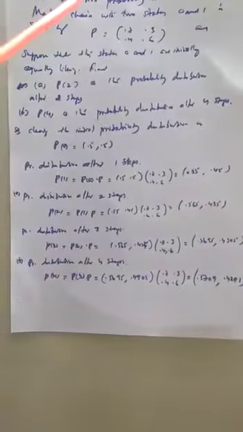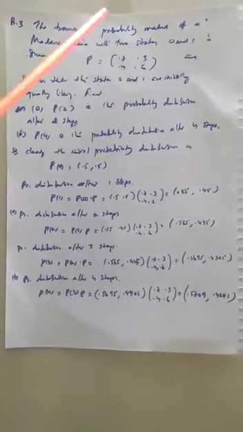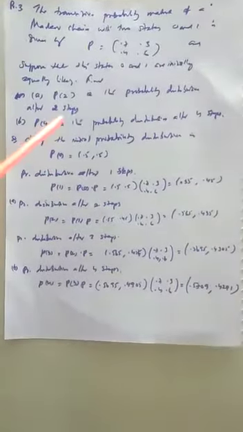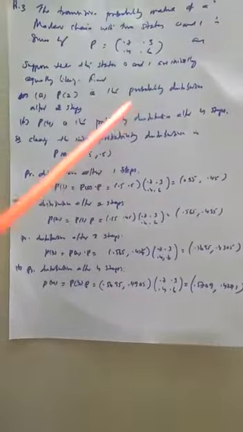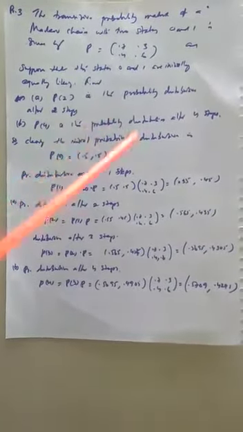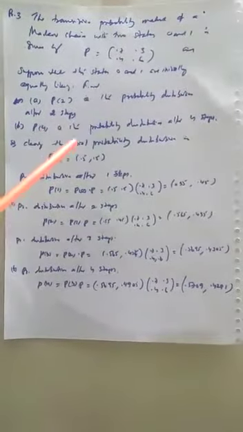Now, in this problem, the given transition probability matrix is P equal to [0.7, 0.3; 0.4, 0.6]. The probability distribution after n steps is P of n is equal to P of n minus 1 into P. Now, using that formula, first of all we can find the initial probability.